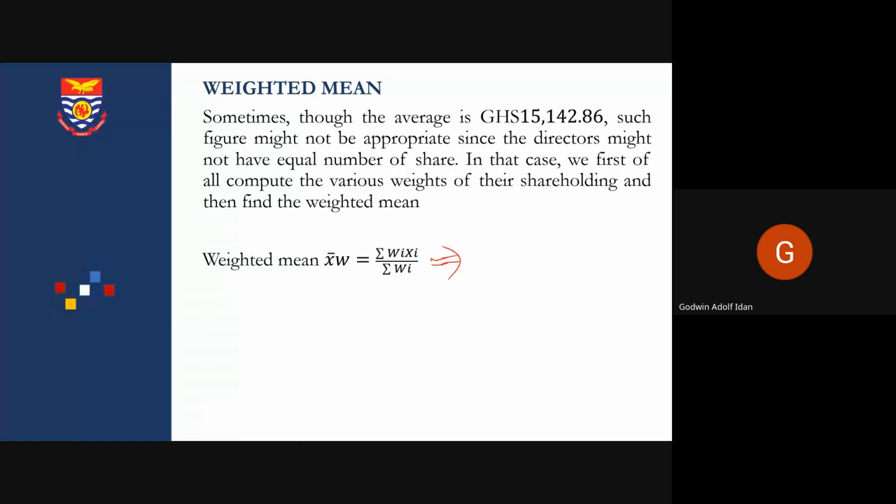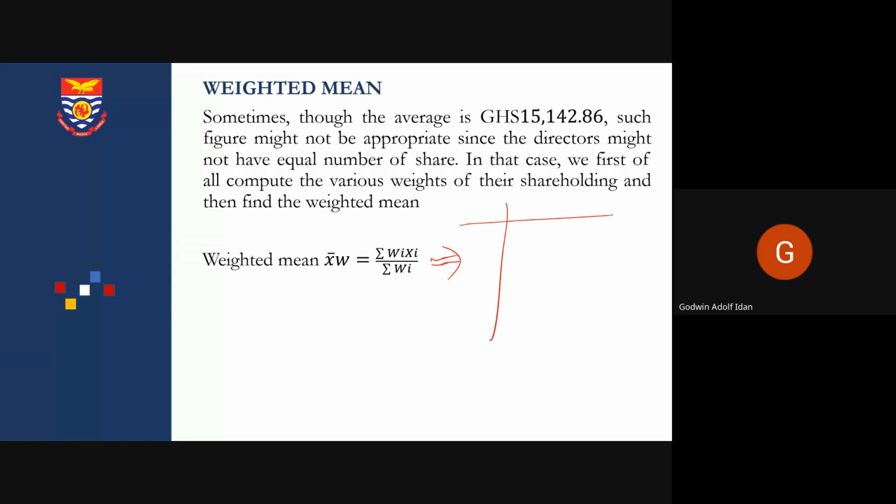A typical example is partnership. Let's assume that we are individuals coming together to do a business together, and we decide to contribute certain amounts. So let's assume 3 friends came together.